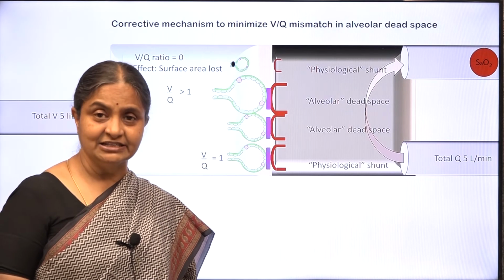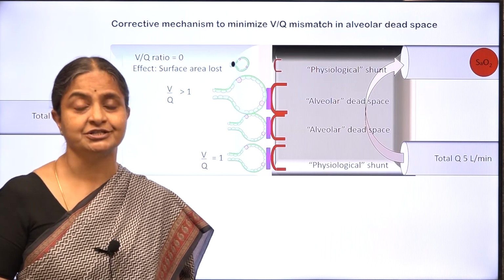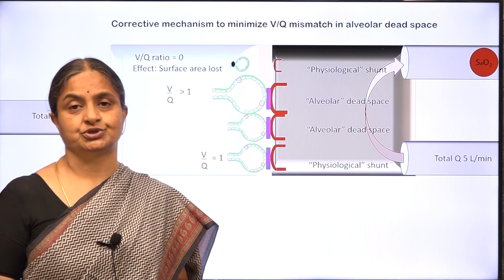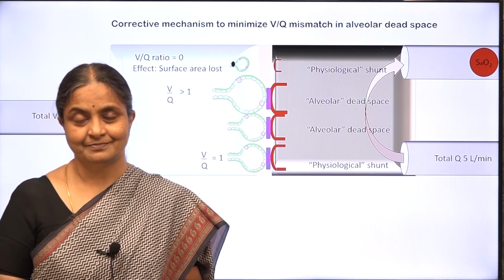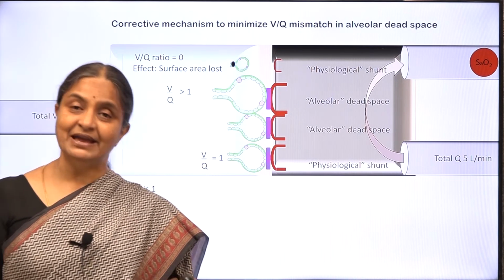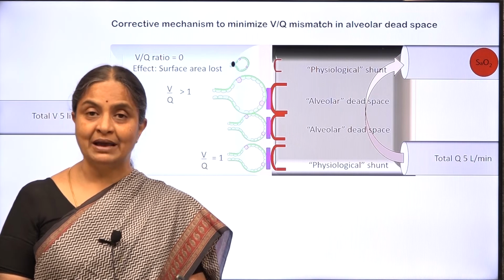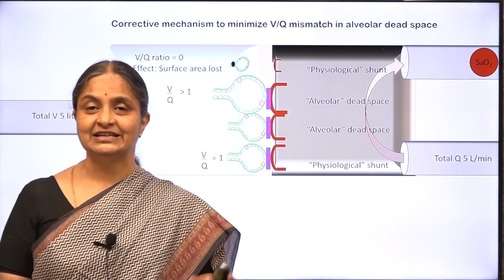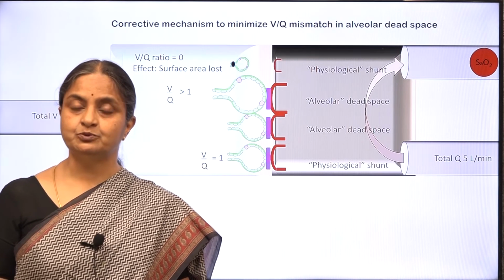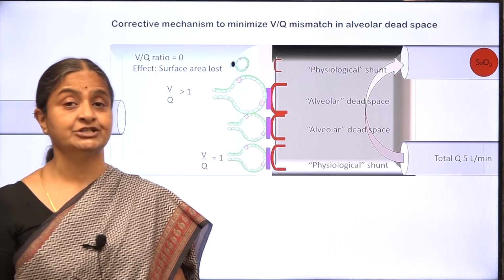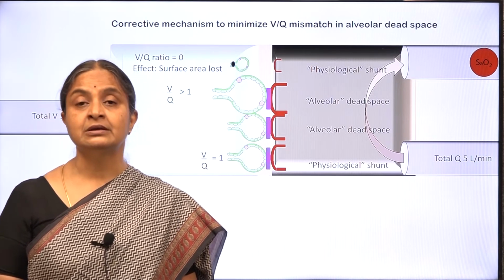And that mechanism, hypoxic vasoconstriction, attempts to reduce VQ mismatch so as to effect better oxygen transfer by matching perfusion to ventilation. There are two concepts we must understand in relation to hypoxic vasoconstriction.